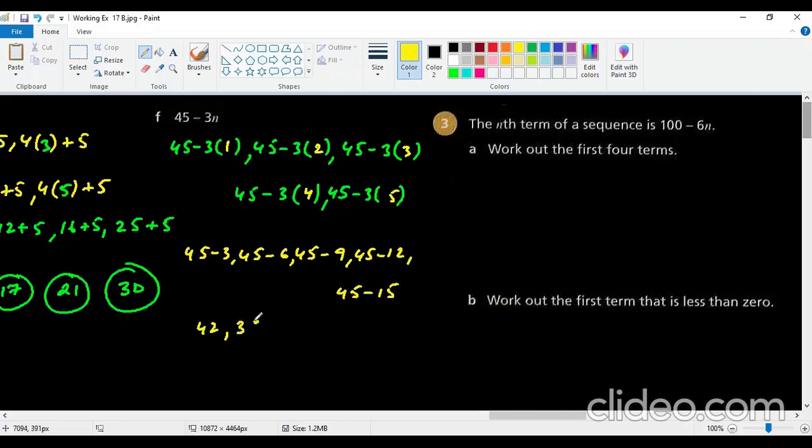This one is going to be 39, and the next one is going to be 36. Fourth term is going to be 33, and this is a 30. So this is the sequence we are talking about.